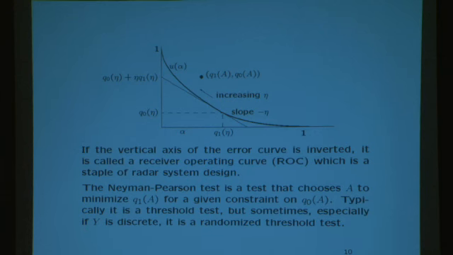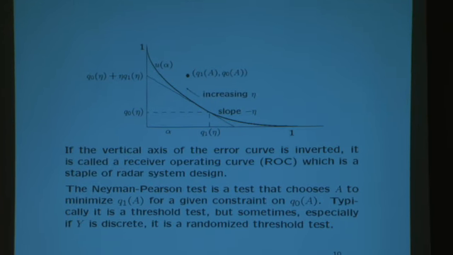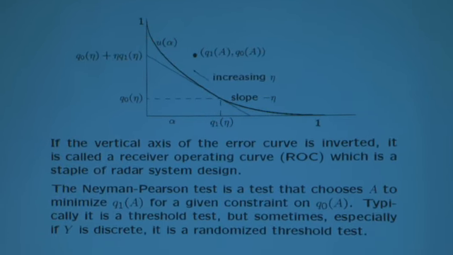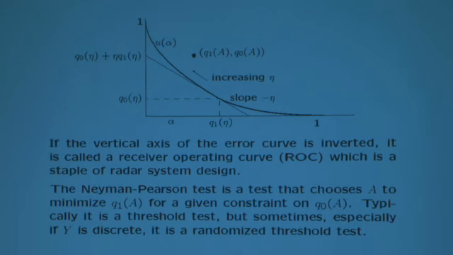We call this the error curve. It is the upper envelope of the straight lines of slope minus eta that go through the threshold test at eta. You get something else from that too: this curve is convex. Why is the curve convex?